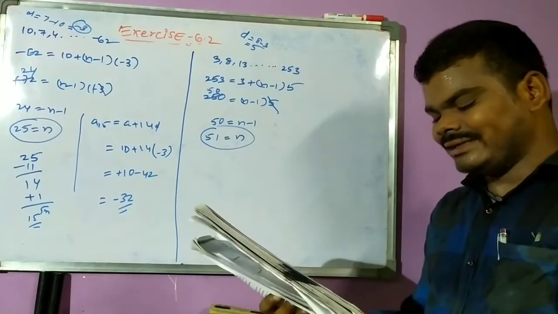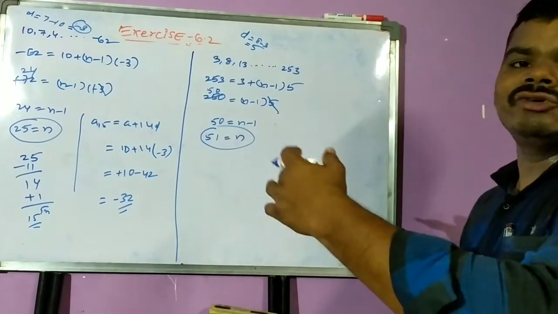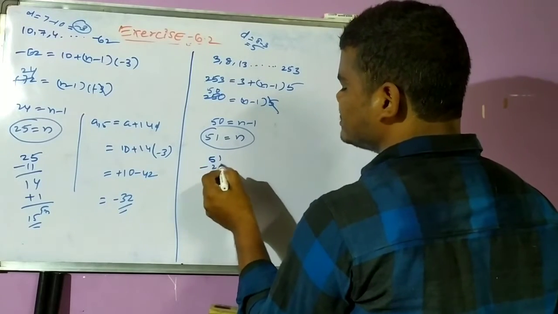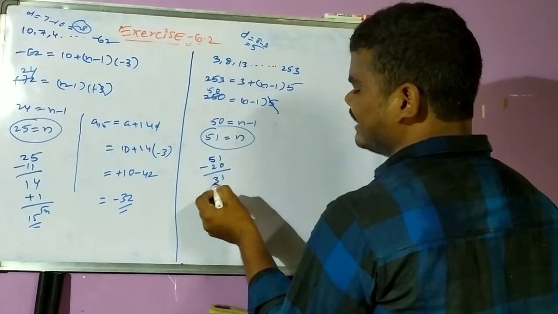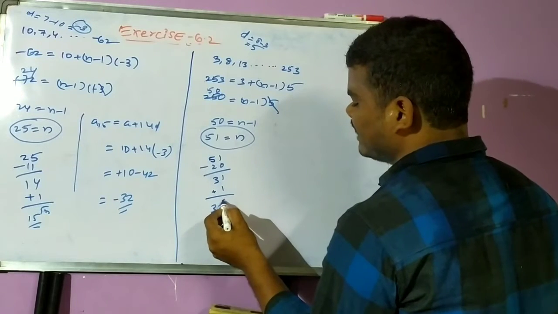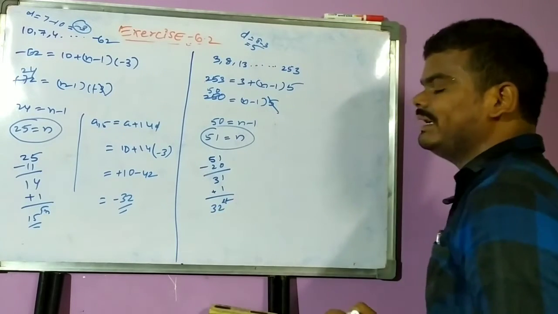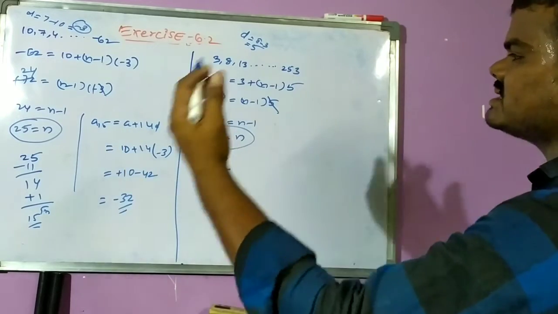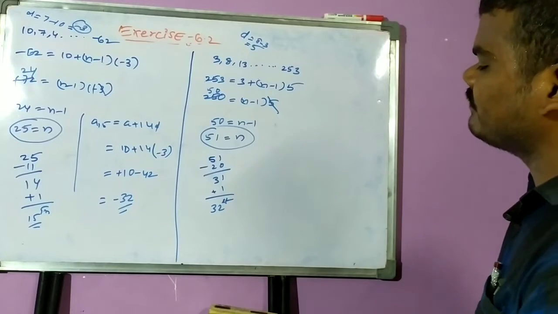Now find the 20th term from the end. The 20th term from the end means 51 minus 20, which gives 31. 31 plus 1 is 32. The 32nd term from the front side is the 20th from the last.